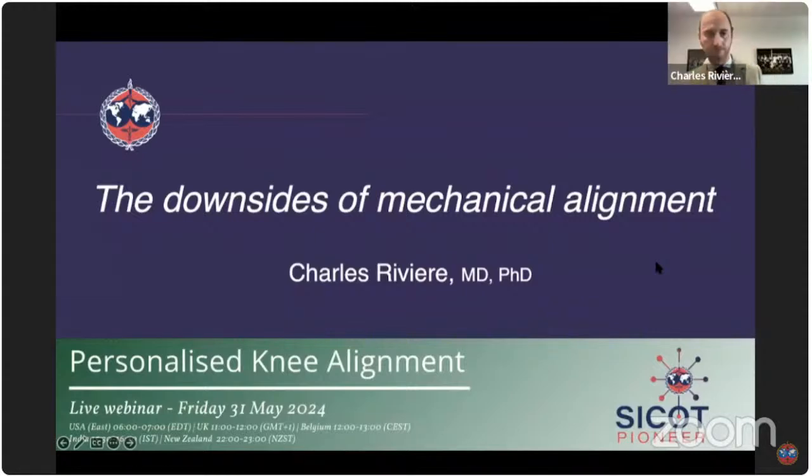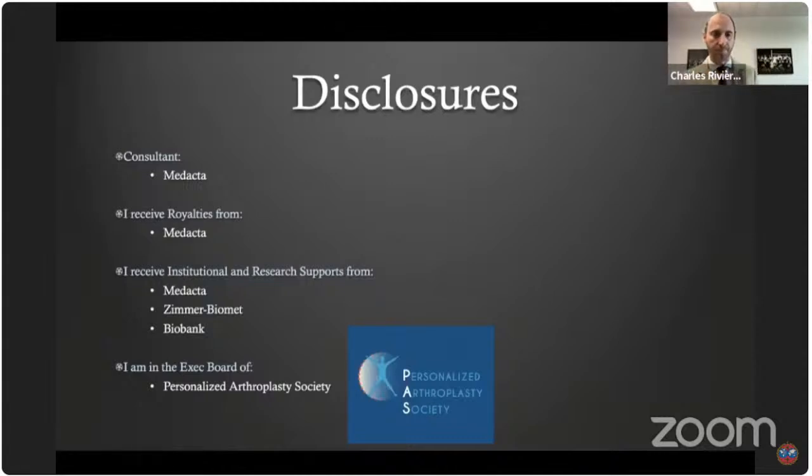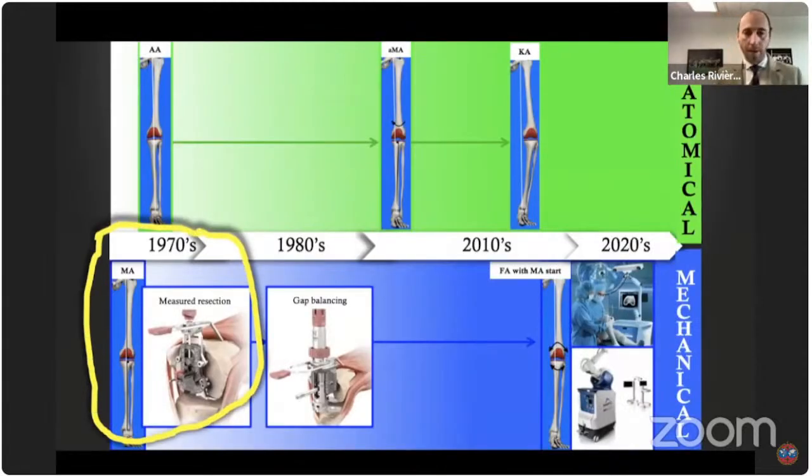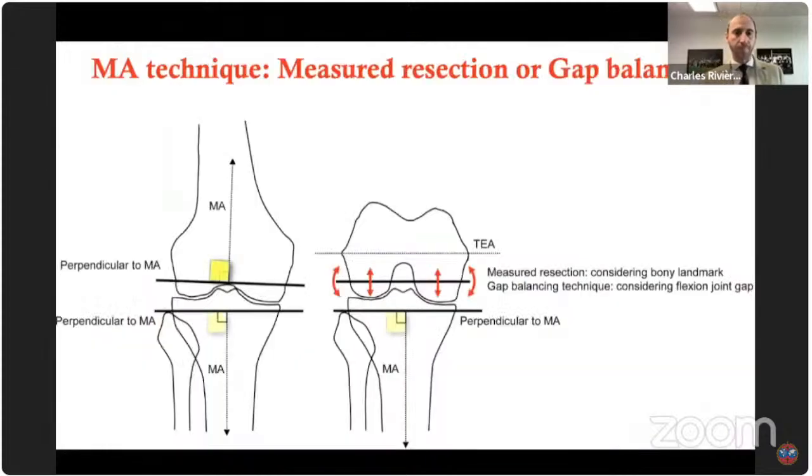Good? Okay. Perfect. So the downside of mechanical alignment. This is the evolution of the multiple surgical techniques for implanting a TKA. Mechanical alignment, as we know, is the first ever developed technique for TKA. The principle is simple. It's a systematic technique.